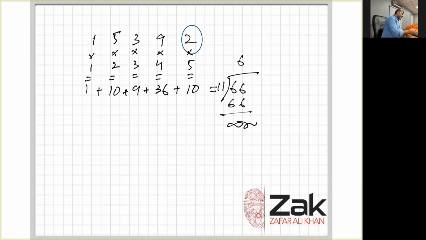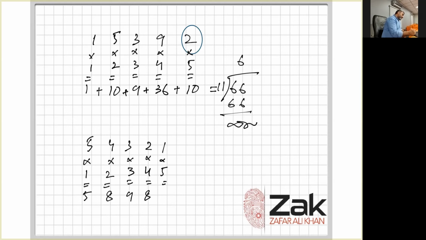Let's try another number. 1, 2, 3, 4, 5. Multiply them by their positions. 1, 4, 9, 16, and we have 25 here. This is now 35.